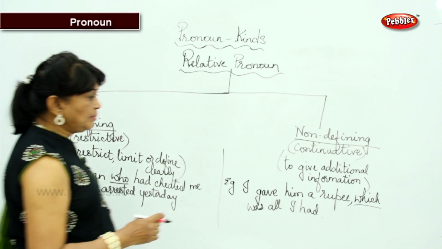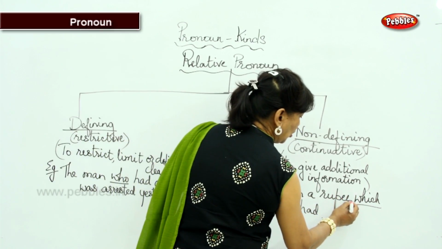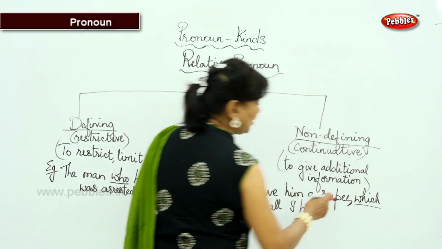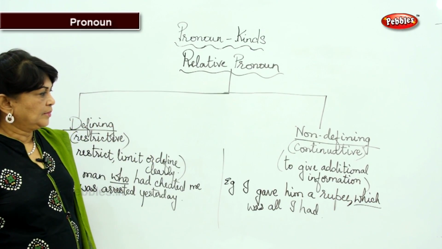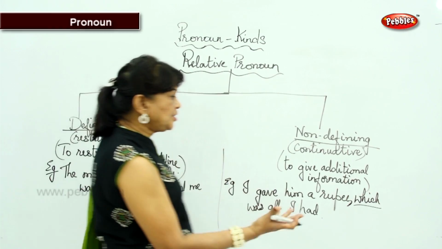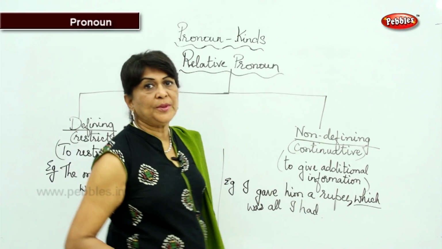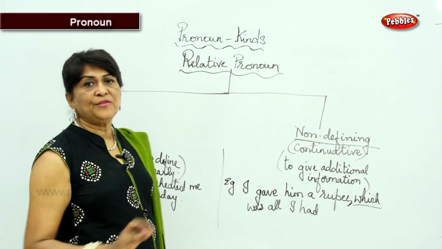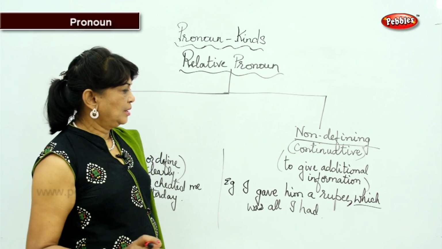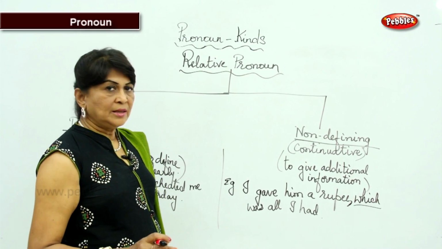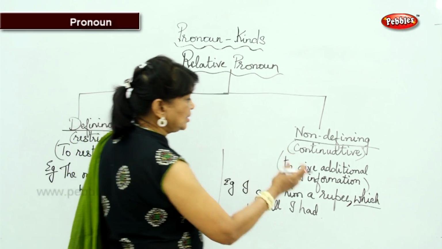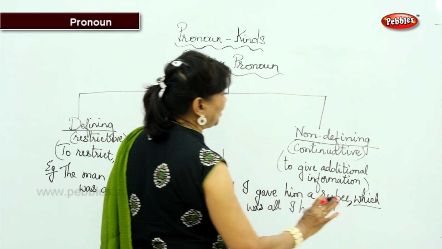See, I gave him a rupee. If there is a comma there, this which refers to the rupee. Okay, you are giving additional information about the rupee. So, it is non-defining. Okay, have you understood this? See, when you give additional information, it is non-defining.